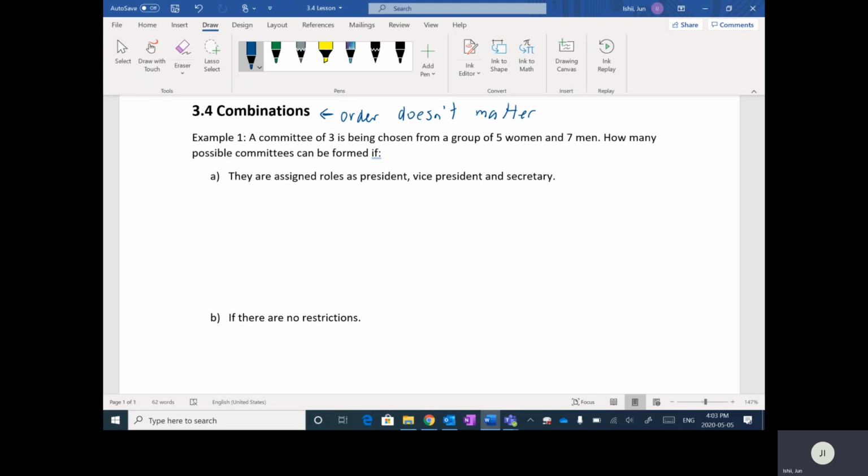So we have 3 spots, and each one has a label: the first is the president, the second the vice president, and the third the secretary. We choose from the group of 5 women and 7 men, so there are 12 total people to choose from.